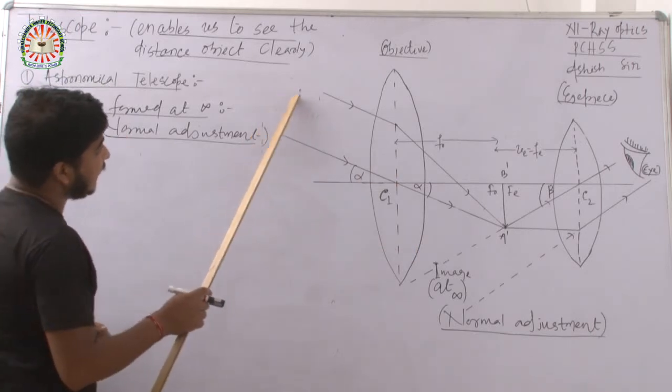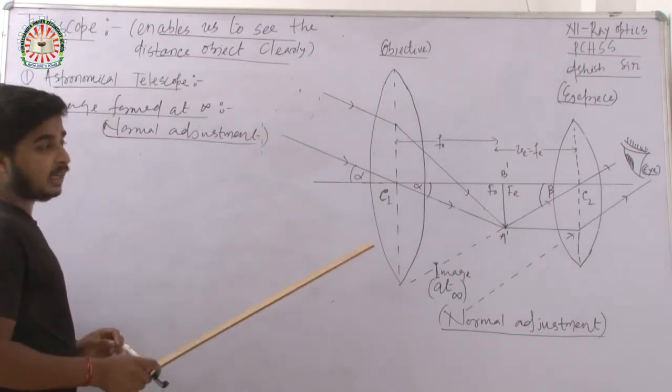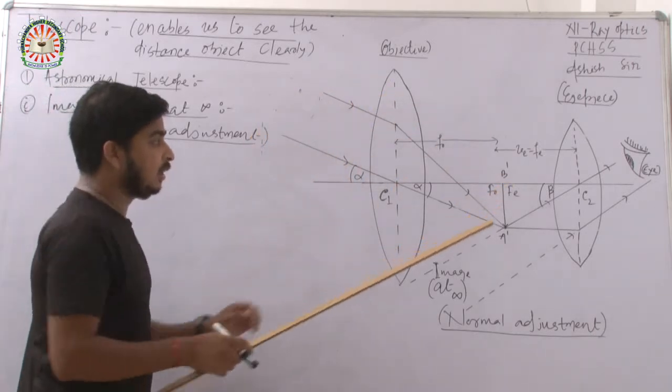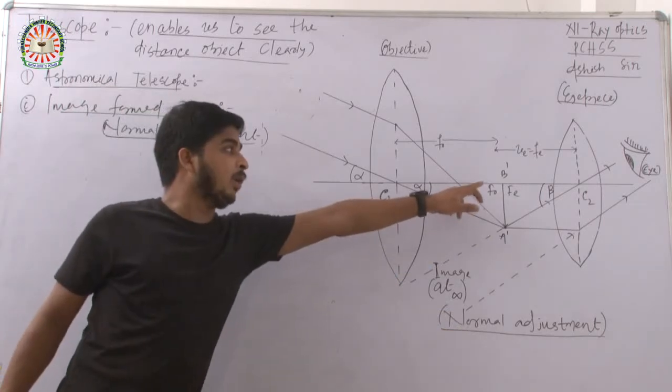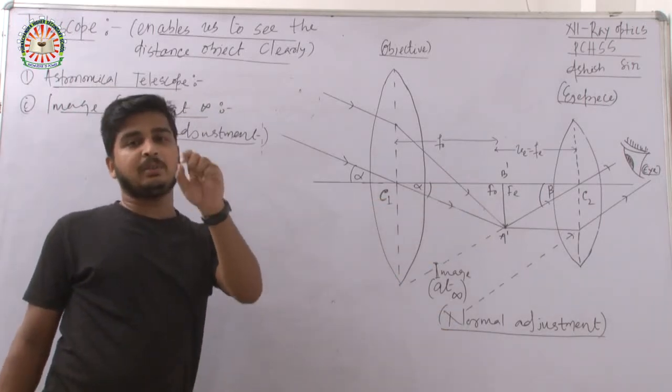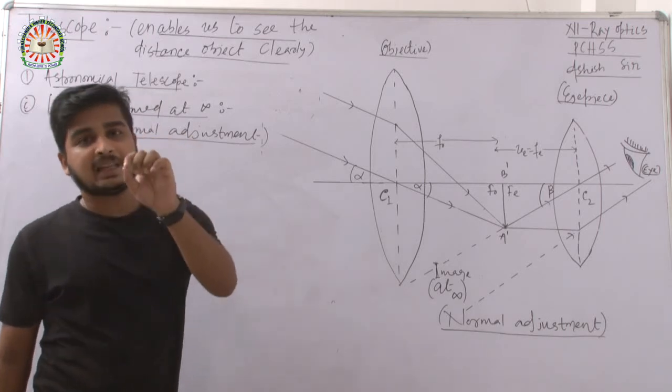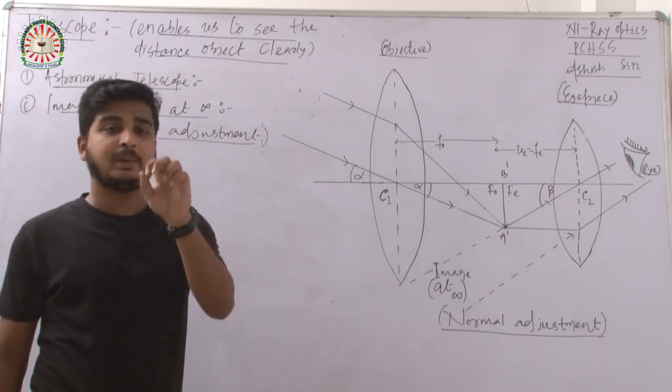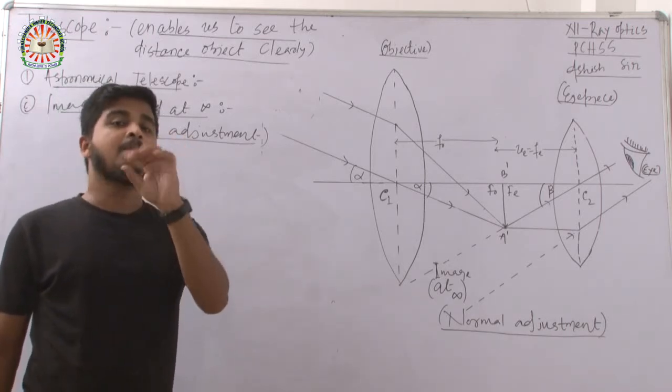If they were parallel to the principal axis, they would meet at the focus on the principal axis, the image would be very small, like a point, and it is very difficult to magnify a point.